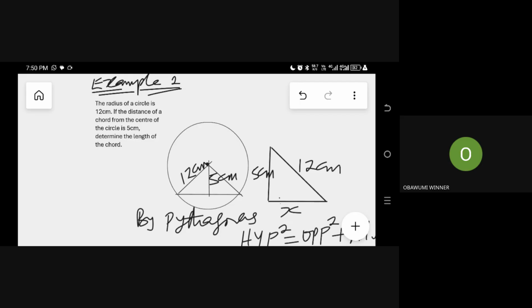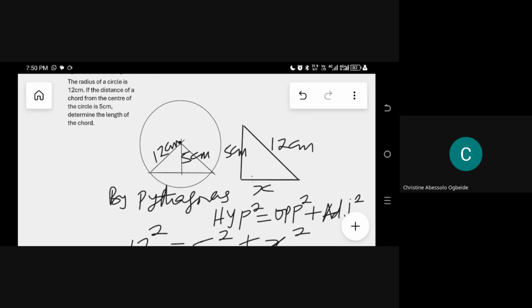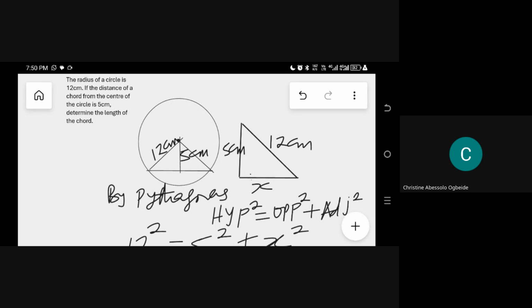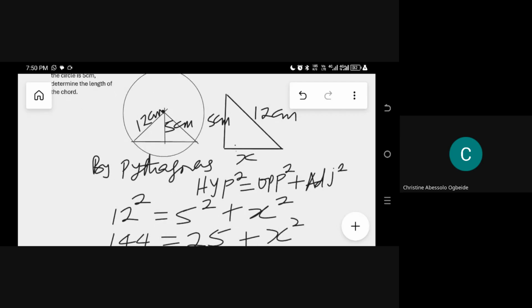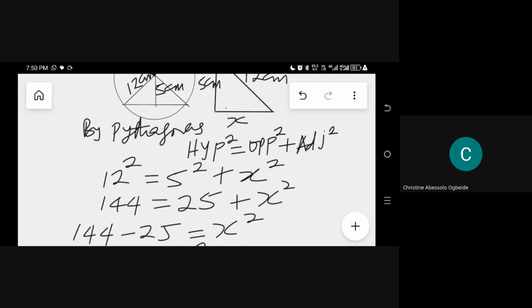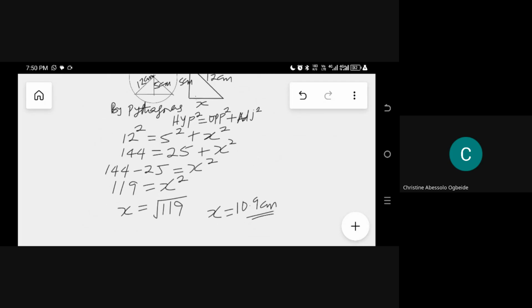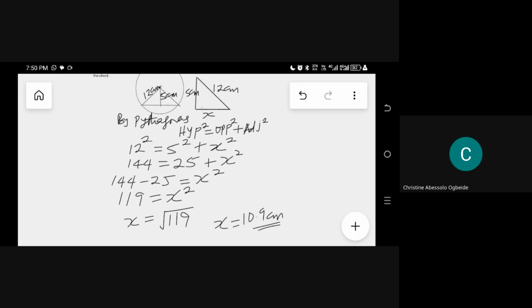So meaning the length of the chord here is that horizontal line from the left to the right that touches the circumference at those 2 points. Well, when we were working, we had to cut out only half of the triangle and then put at the bottom there, the length of the bottom, we said let it be s. So it is that value of s that we have been able to get now, s equals 10.9.